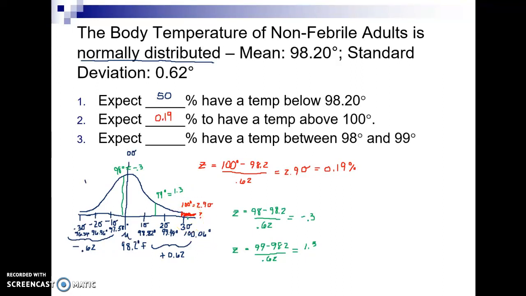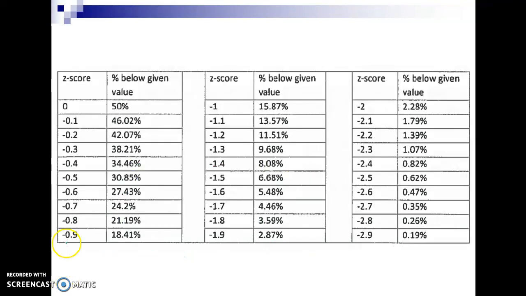So then I have to go back and look both of these up on my percent chart. So negative 0.3 is 38.21% right here. And 1.3 is over here, 9.68%.